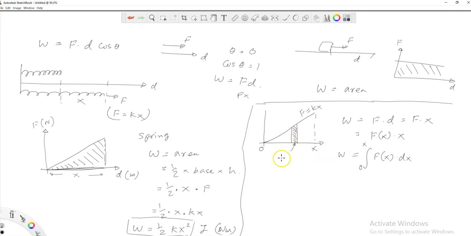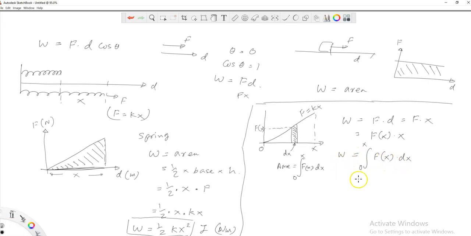If the force here is F(x) and this width is dx, that area is F(x) dx, and to get the entire area, we integrate it from one end to the other end, right? That way we can find the work for a varying force.